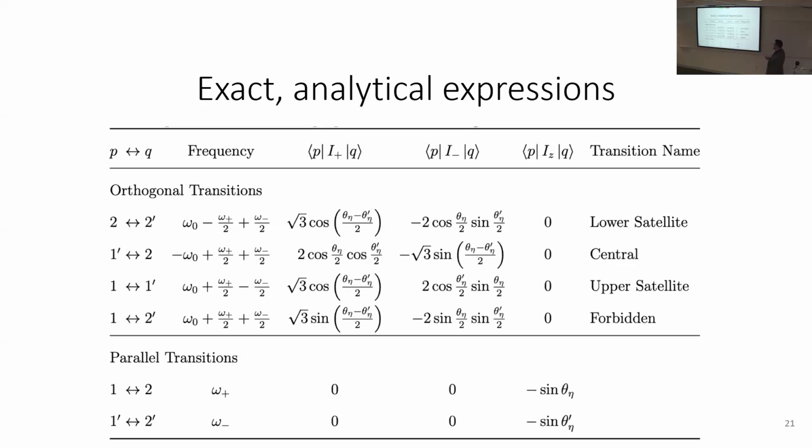You'll see here that there's no actual mention of eta in any of these equations. The eta is built into this theta eta. The way we wrote it out is that the tangent of this theta eta is directly proportional to Vxx minus Vyy, which is proportional to eta.